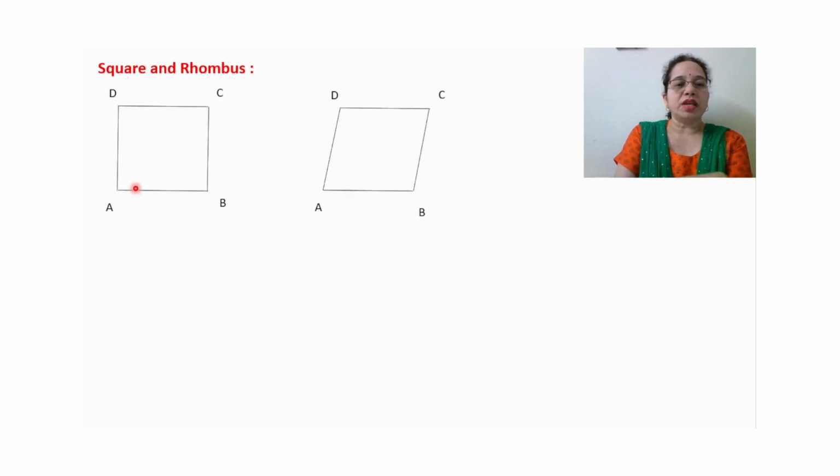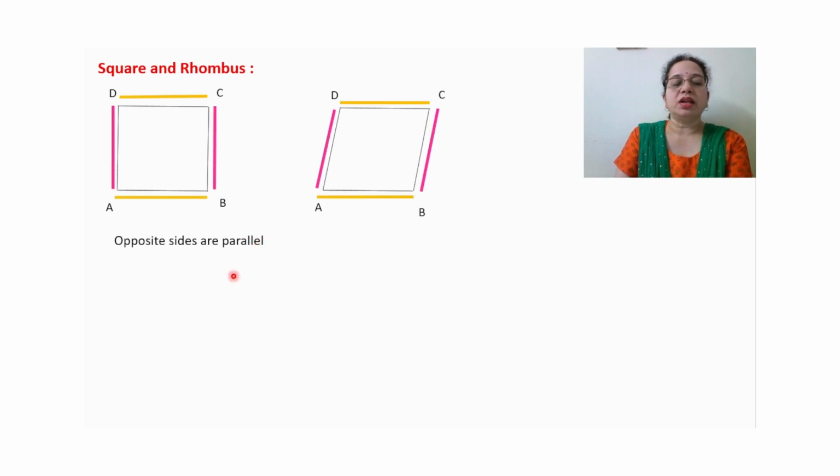Square and rhombus, in the same way many students have doubt between square and rhombus. So let us find out what is the same and what is different. Opposite sides are parallel. Opposite sides are equal in length also. All sides are equal in length in both rhombus and square.